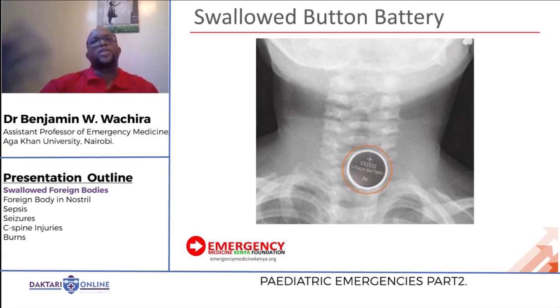A coin stuck in the throat, if it's going to get down within 24 hours into the stomach, that's fine, nothing to worry about. The child will be richer when they go to the toilet much later. But if it's not a coin and it's a button battery, that on its own is an emergency, and the child needs to be taken in for scope removal as soon as possible.